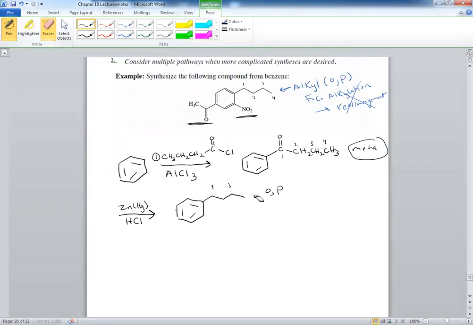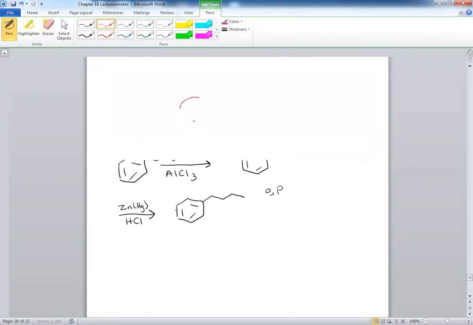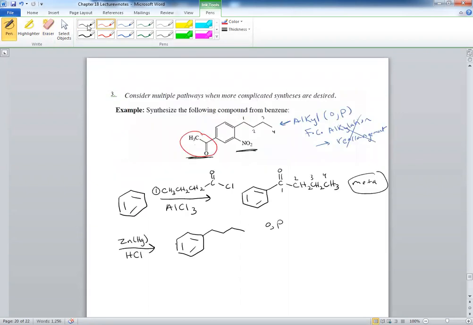Then we would isolate it so that we can add the second group, which is this one right here. And of course, we would use the Friedel-Crafts. Let me make this a little bit smaller because I need more space.